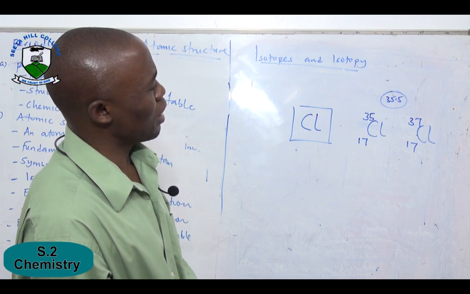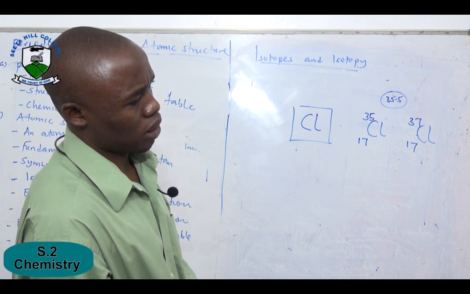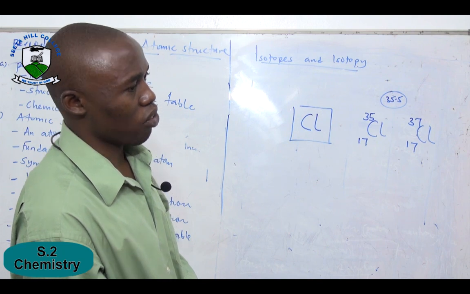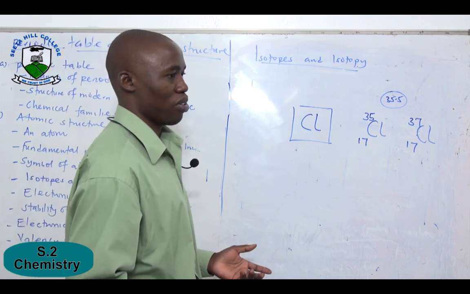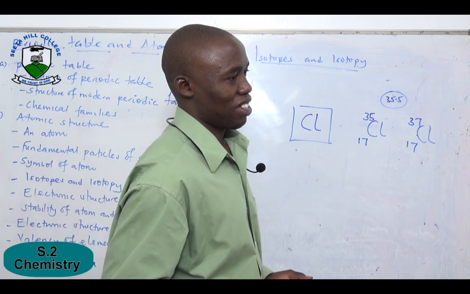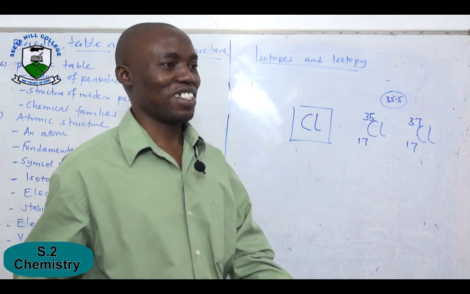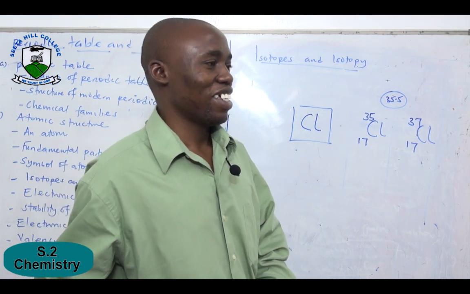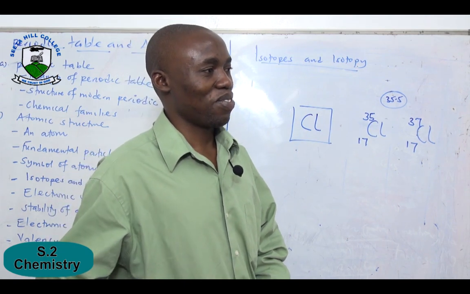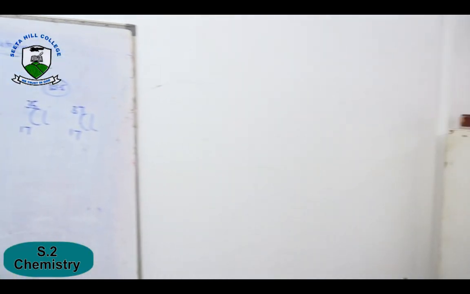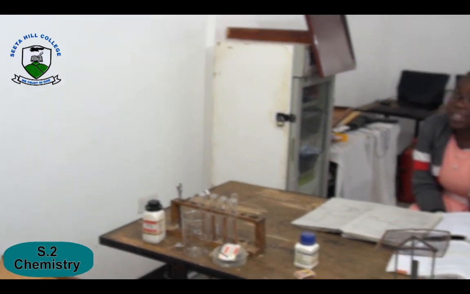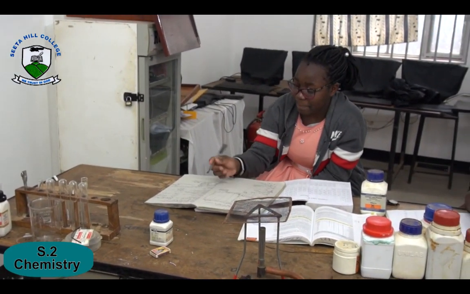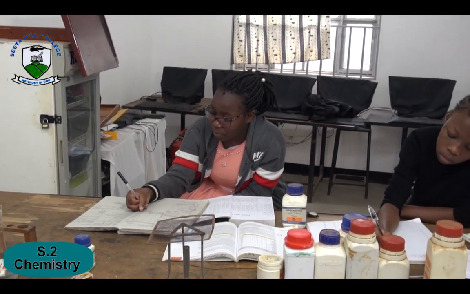Then what is the meaning of isotopes? Who can define for us what isotopes are? Isotopes are elements with the same atomic number and having different mass numbers due to neutrons. Now you see, you said they are elements. What are we talking about here?